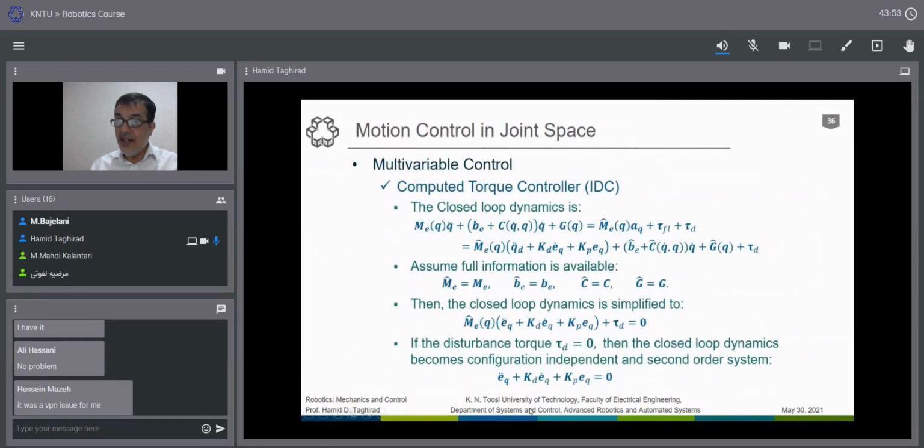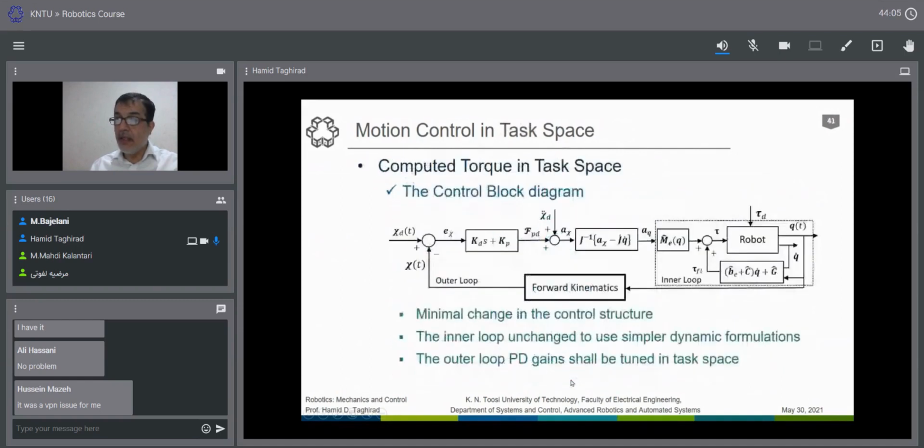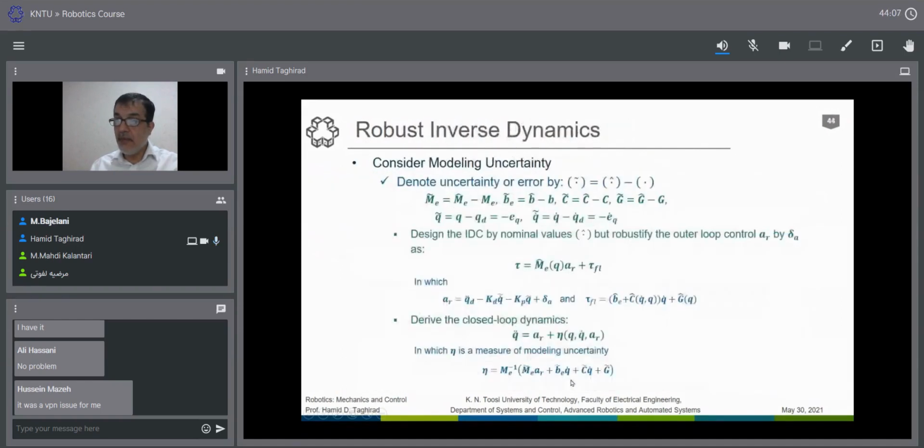As you see here, we have the error dynamic plus KD error plus KP error. If these are all equal to each other, we have these three terms again here. In this case, we have these three terms.